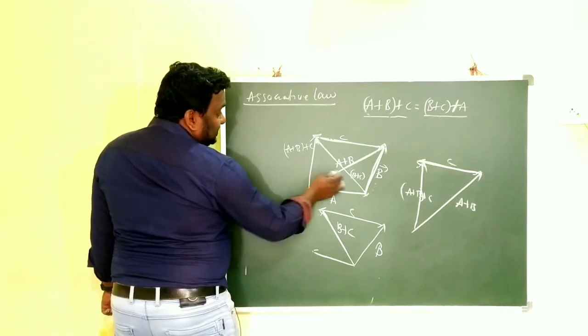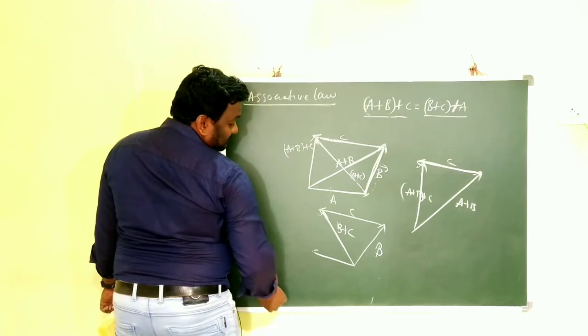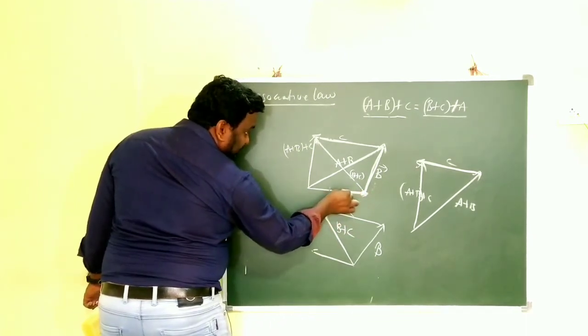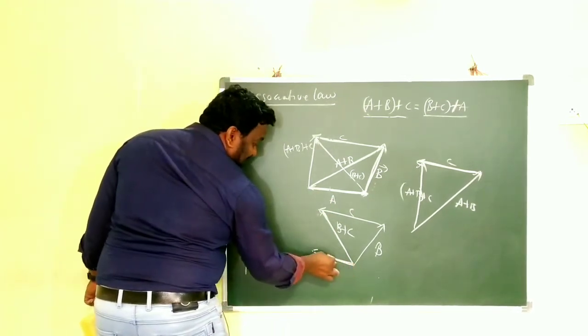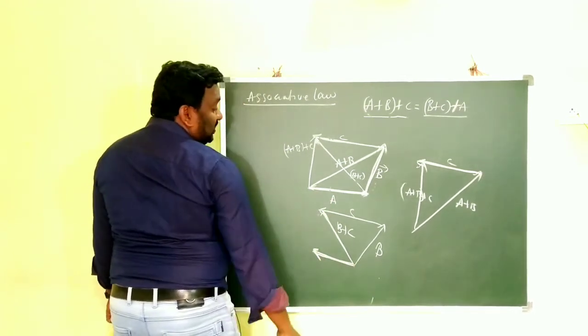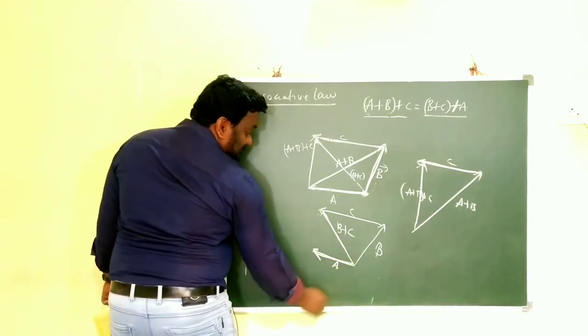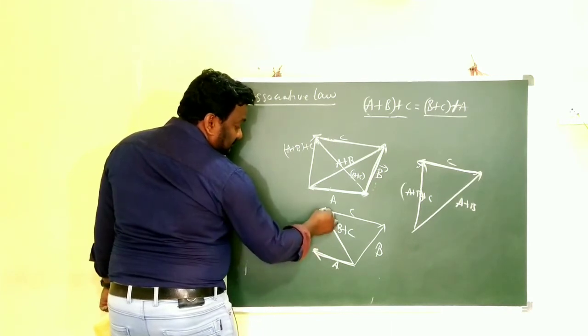And again this is B plus C. For that what do you have to add, children? We have to add A. So here the arrow mark is like this, but in this case you have to take it like this, opposite. So this is A, and B plus C. Clear?